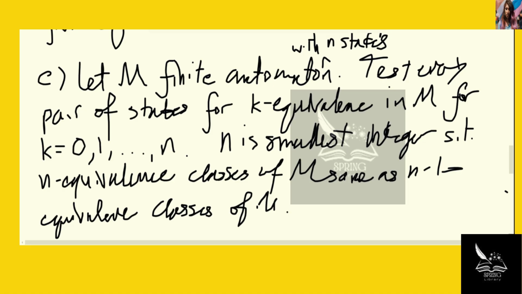Therefore, we can stop determining equivalence classes once we obtain the same equivalence classes as for the previous value of k.